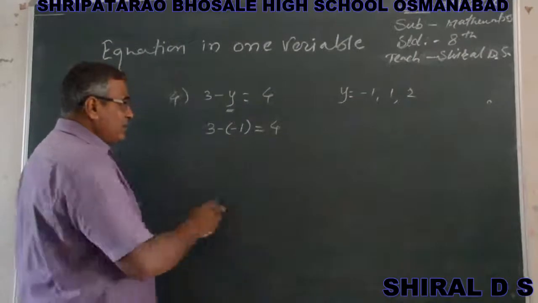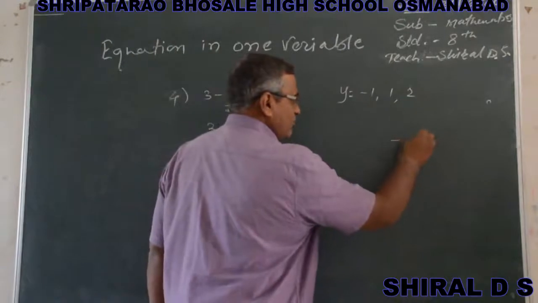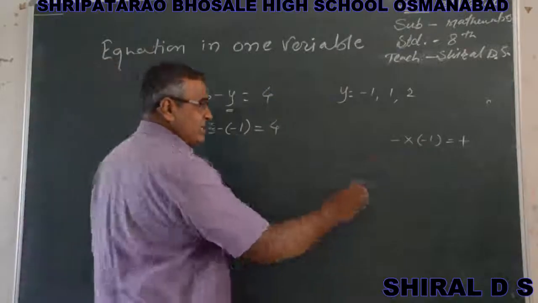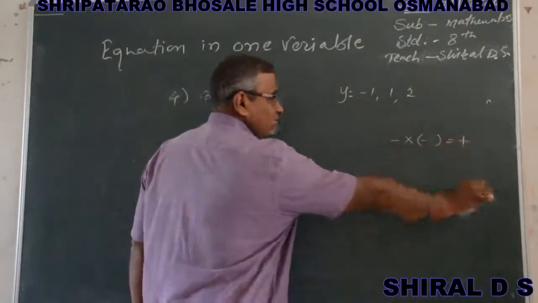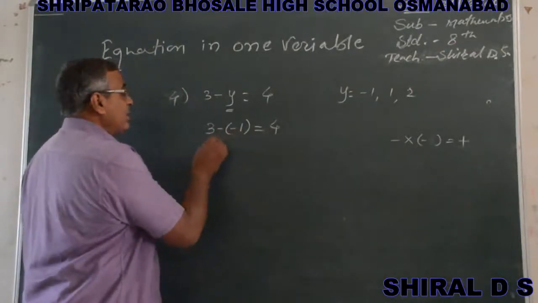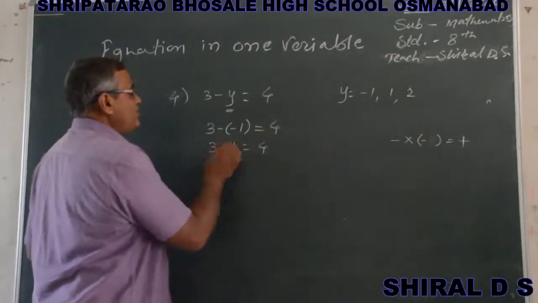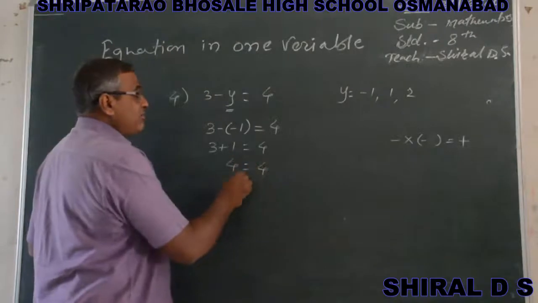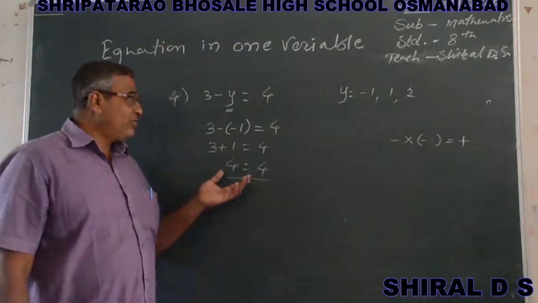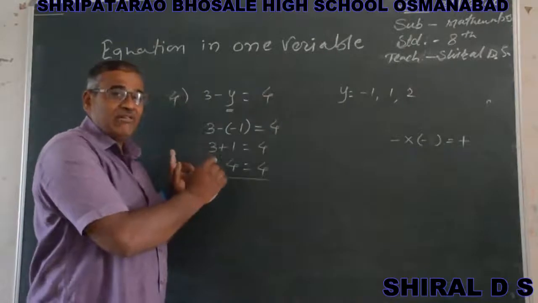In multiplication, minus into minus is plus. Therefore here minus 1 into minus 1, therefore 3 plus 1 is equal to 4. It means 4 is equal to 4, two sides are equal. Equation is balanced here. Therefore we say y is equal to minus 1 is the solution of the given equation.